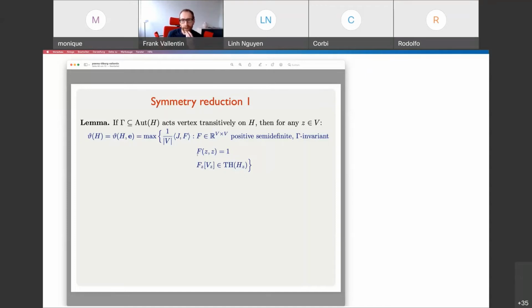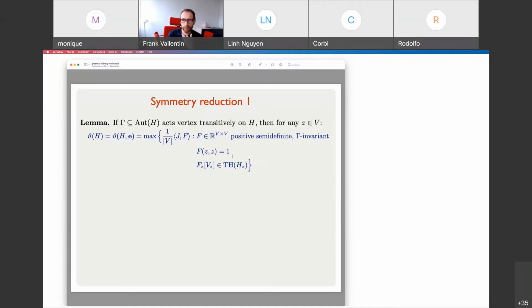Then on the diagonal at z, I want to have a constant 1. And I want to have that F_z of the link should be in the theta body of the link of H_z. And because the group acts vertex transitively, I have only one constraint and not a constraint for every vertex.